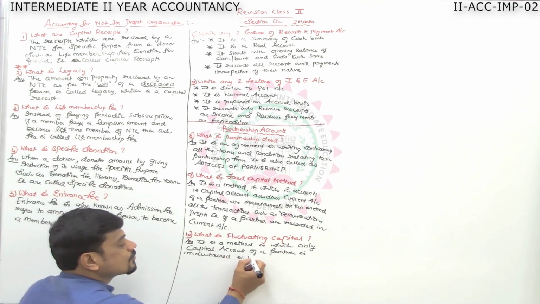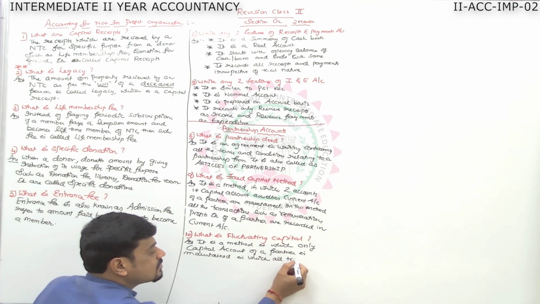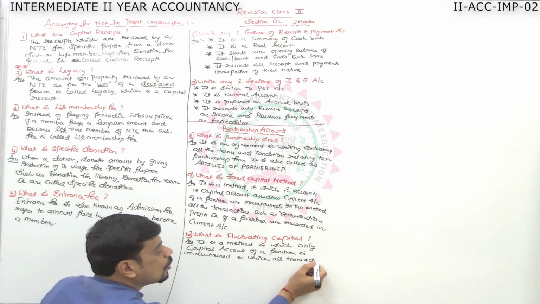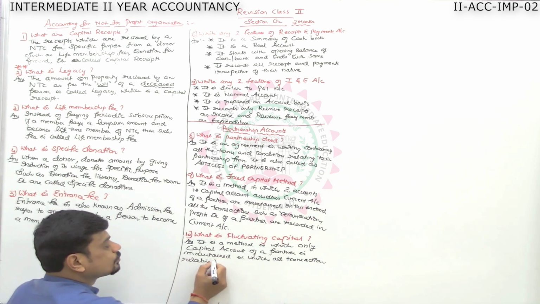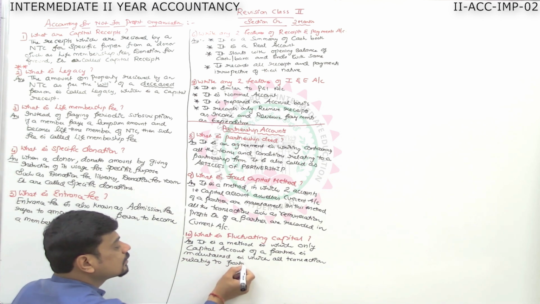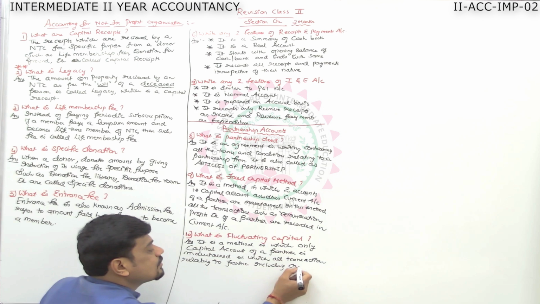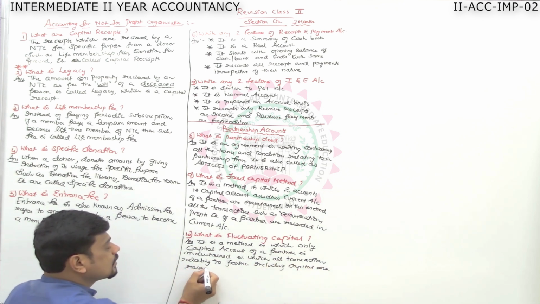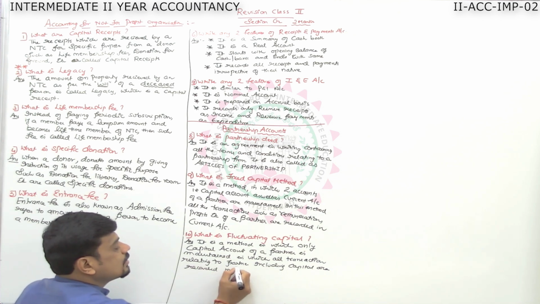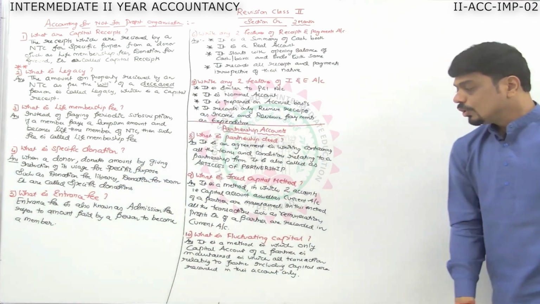In this, all transactions relating to partner, including capital, are recorded in this account only. Okay, in this account only.